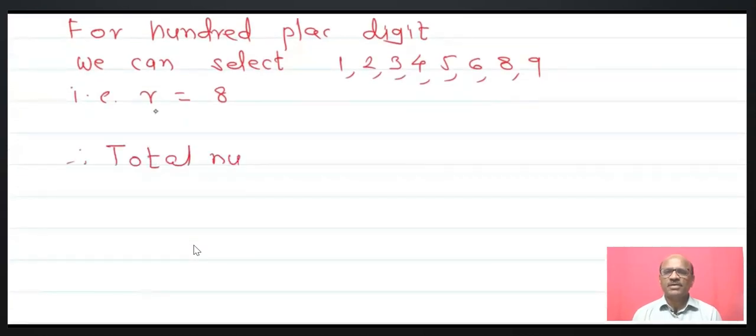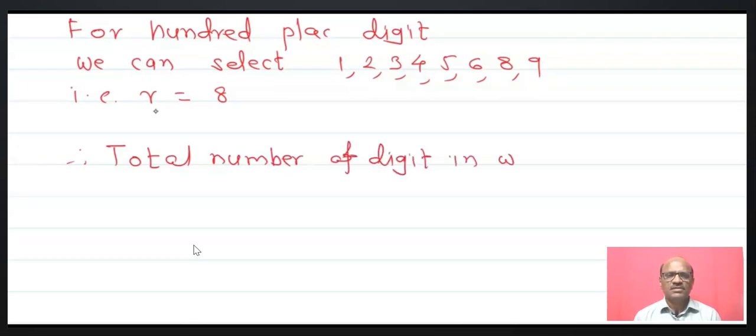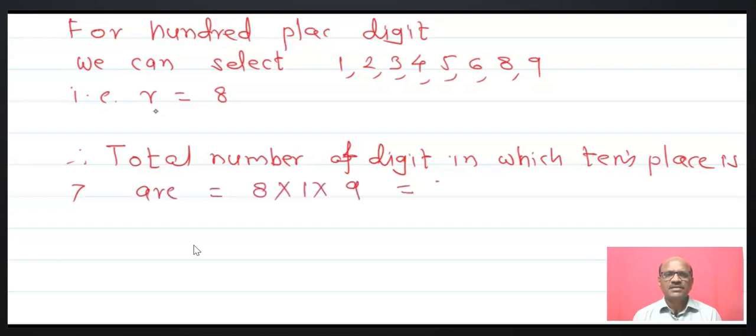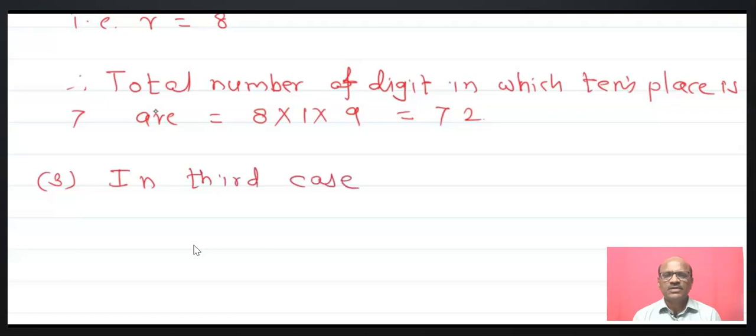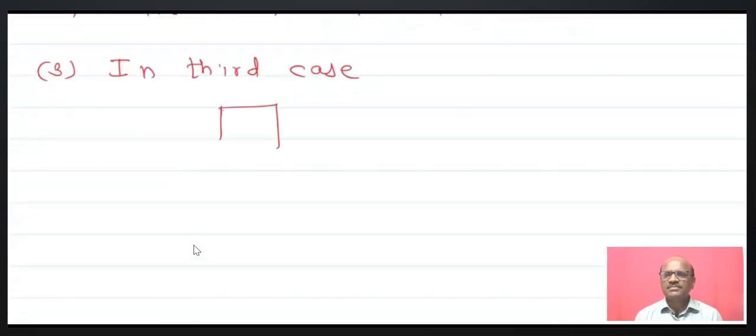Therefore, total number of numbers with 7 in 10th place is 8 into 1 into 9, and that is equal to 72.